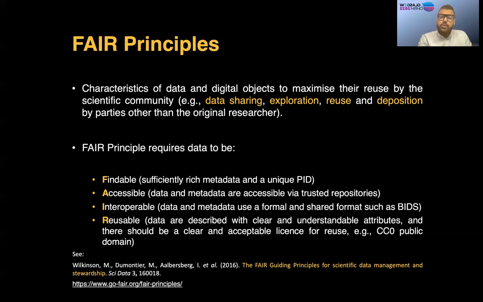Third, you want your data to be interoperable, such that your data and the metadata will use a specific formal and shared format that is agreeable by the neuroimaging community, and such an example is the BIDS format. And lastly, you want your data to be reusable. And what do I mean by reusable? It means that the data should be described with clear and understandable attributes. And also there should be a consensus about the license for you to reuse these data.